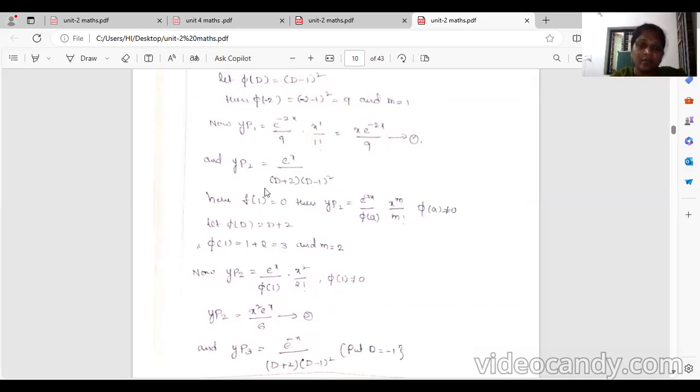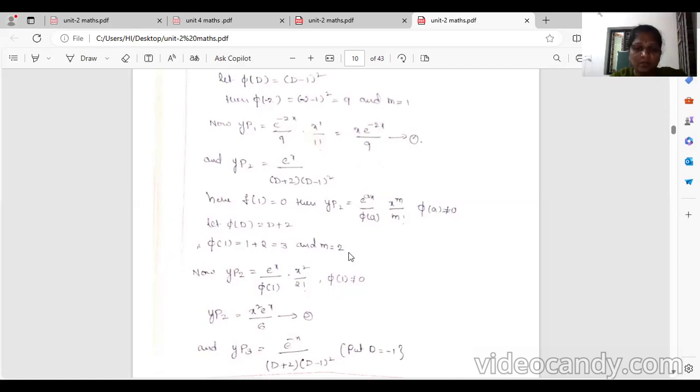Whenever we substitute D = a, the factor in the denominator that is not zero is phi(a). So phi(a), putting D = 1, D+2 is phi(D), so phi(a) = 1+2 = 3. Putting D = 1, this factor is 0, and it is repeated 2 times.